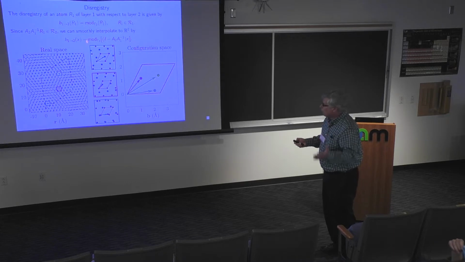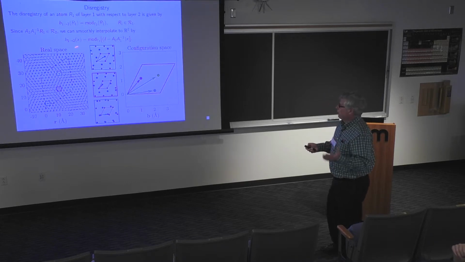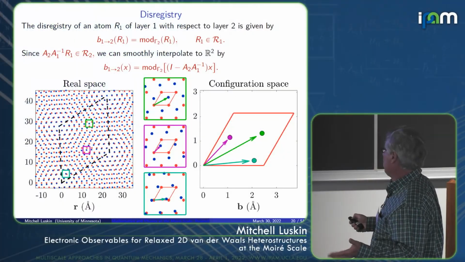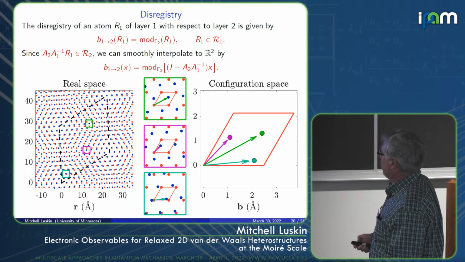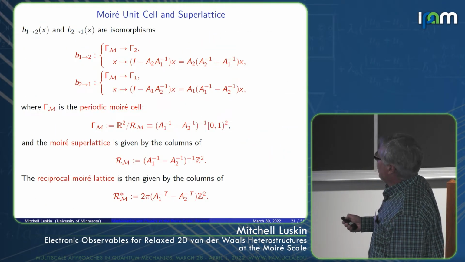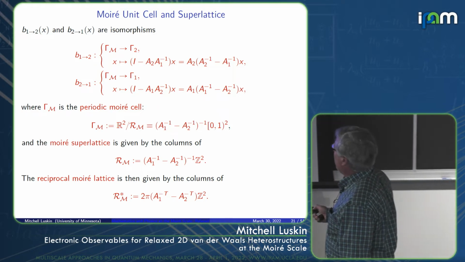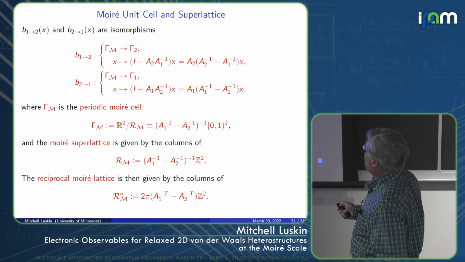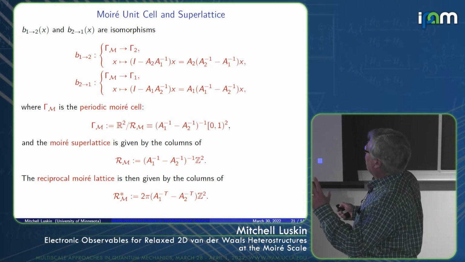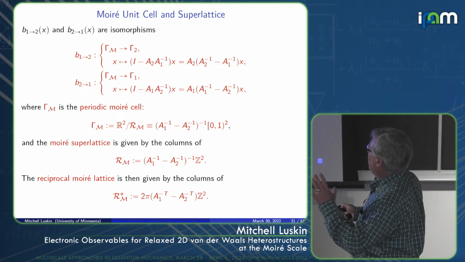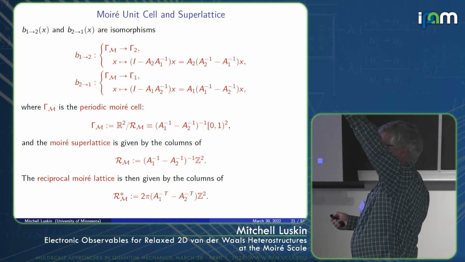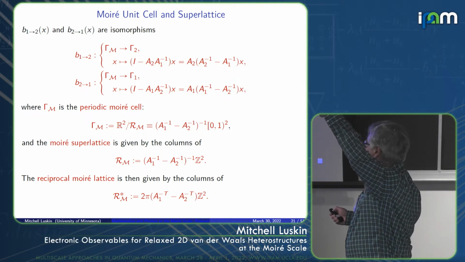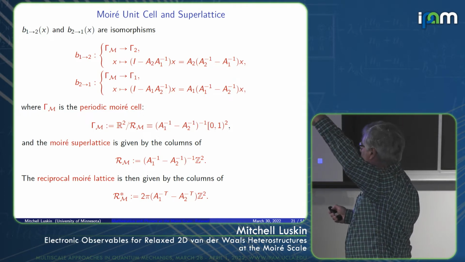And then we can interpolate this to get a continuous function just by this formula. So we have isomorphisms. As I said, the local configuration of an atom in layer 1 is defined by its projection to the unit cell of layer 2 and vice versa.